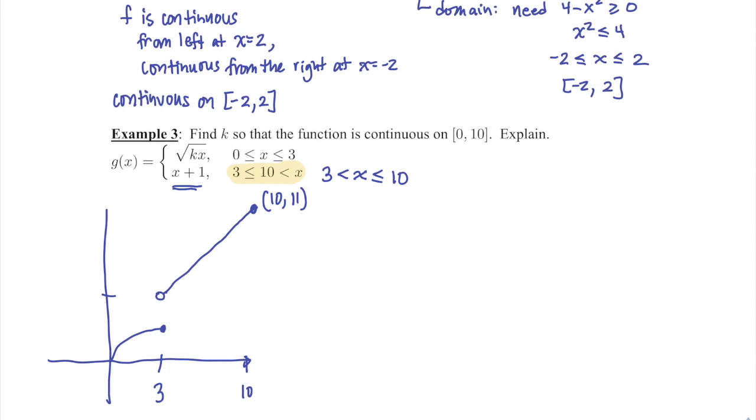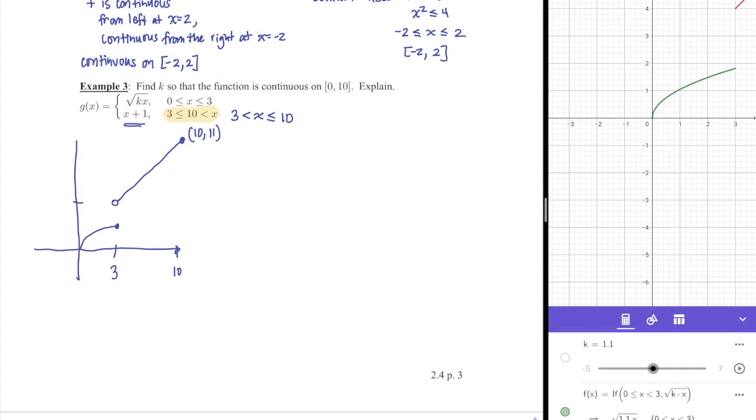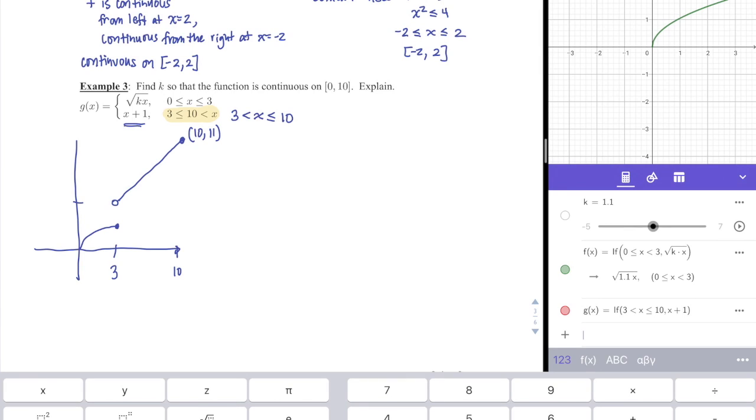Okay. I'm going to just bring up GeoGebra so that you can get a visual idea of what's happening here. So I have this already entered. My first function was the square root of kx for x between 0 and 3. And my second function was x plus 1 for x between 3 and 10. And just so you can see how to input these piecewise functions into GeoGebra, it's really simple.